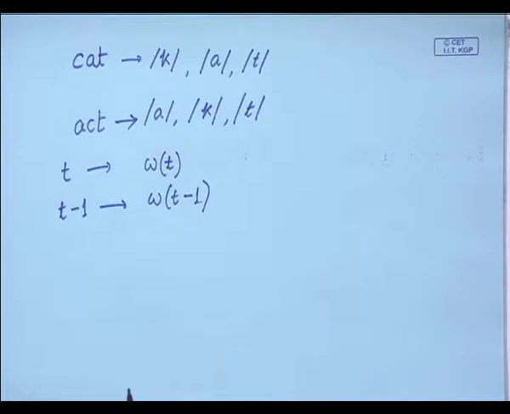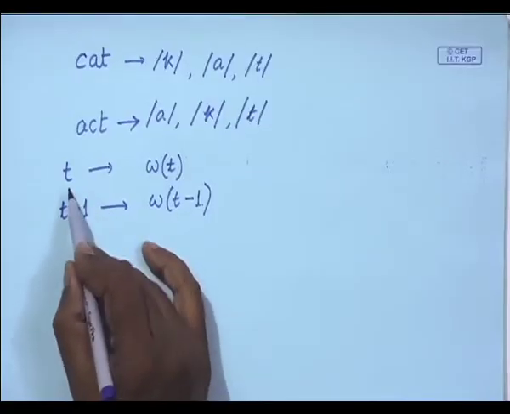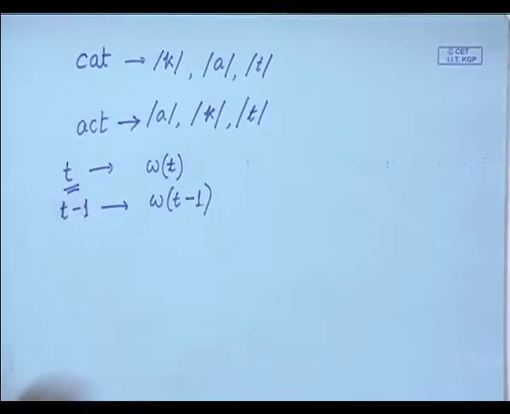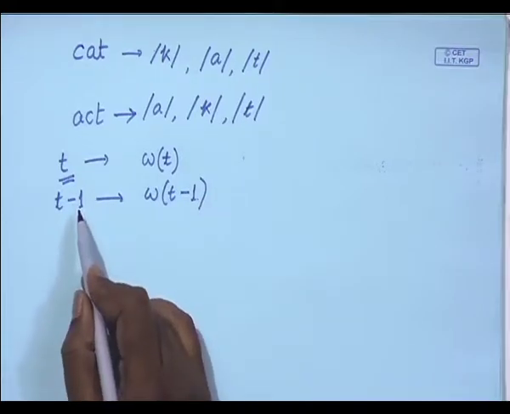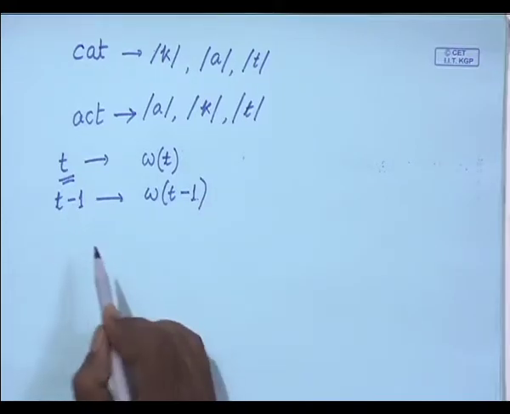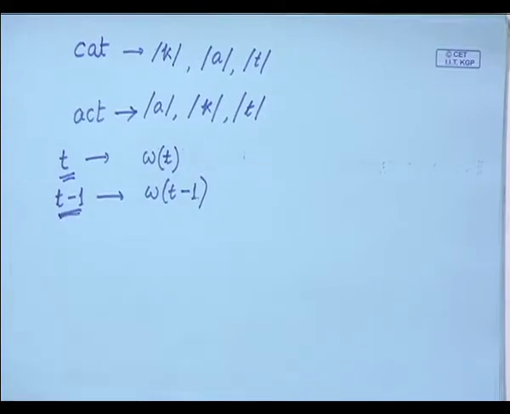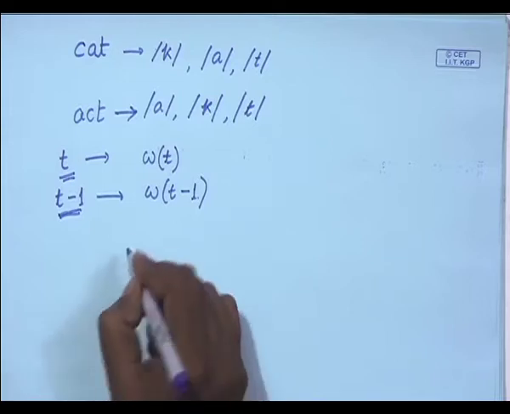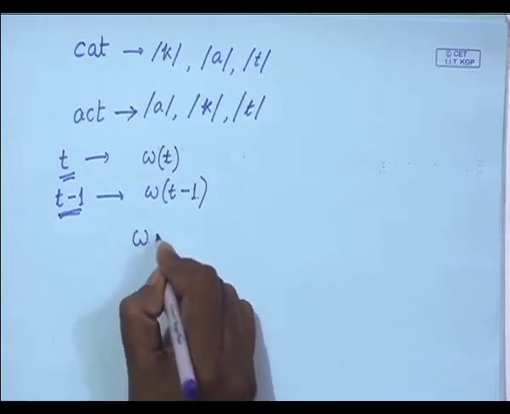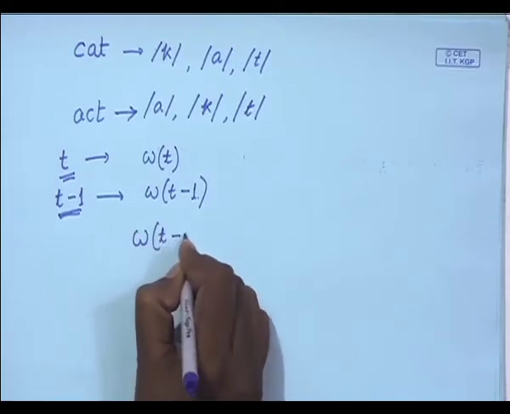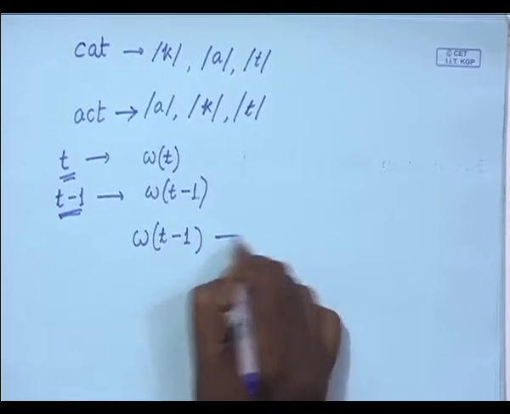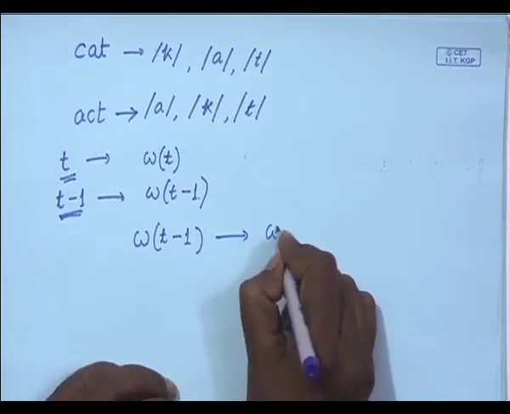In case of a sequential machine or a finite state machine, the state of the machine at time step t is directly influenced by the state of the machine at time step t minus 1. So, there is a transition from state omega t minus 1 to the state omega t.